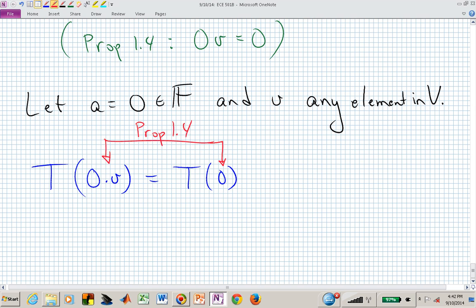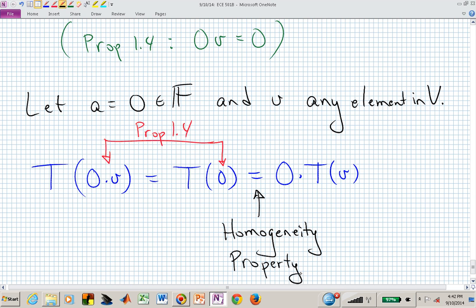But now the homogeneity property says that T of AV should be A T of V. We know from homogeneity that the left side, T of AV, is equal to A T of V for any A, and now we've specialized that to the 0 scalar A.